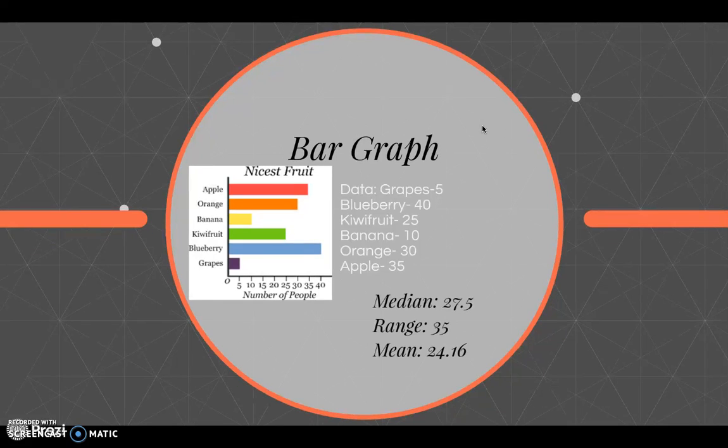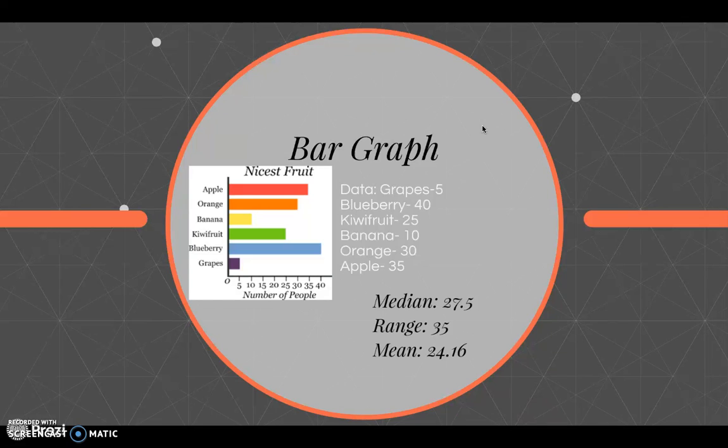Okay, then we have the bar graph. We have a picture here where it says nicest fruit, and it has the number of people, and it's divided between apple, orange, banana, kiwi fruit, blueberry, and grapes. We first put the data that we already know separate, and then we could put them in order so we could tell the difference and how to find the median, the range, and the mean.